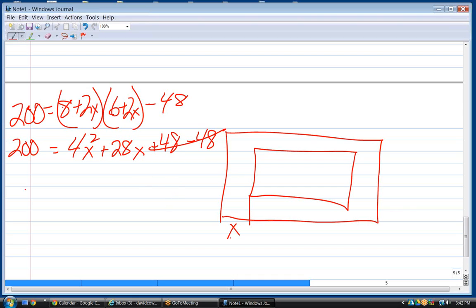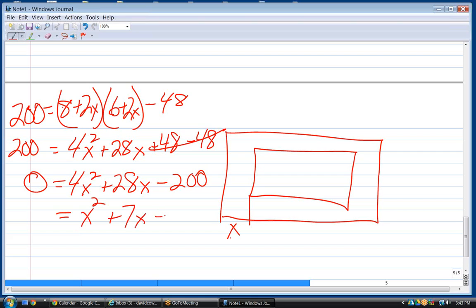Okay. So now what? So now subtract the 200? Yeah. Now what? Great. You could find a greatest common factor. What is it? 4. Okay. So x squared plus 7x minus 50.